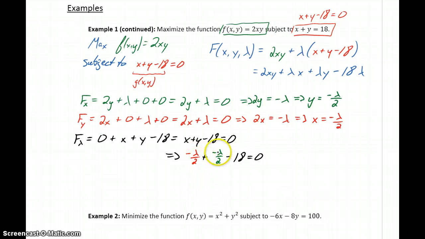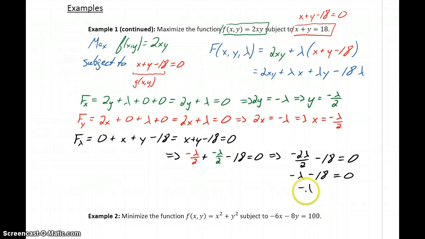So adding negative lambda over 2 and negative lambda over 2 will give us negative 2 lambda over 2 minus 18 equal to 0. So negative 2 over 2 will reduce to negative lambda minus 18 equals 0, which gives us negative lambda equals 18, or lambda equals negative 18.